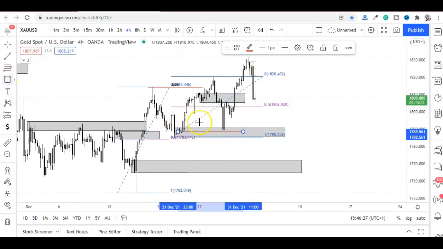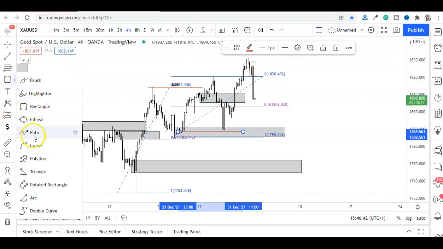But the way I trade, I don't take the trade instantly. I wait for confirmation in a lower time frame. When price comes in here, I will switch to the lower time frame from 15 minutes down, and I will look for a pattern, this pattern here.